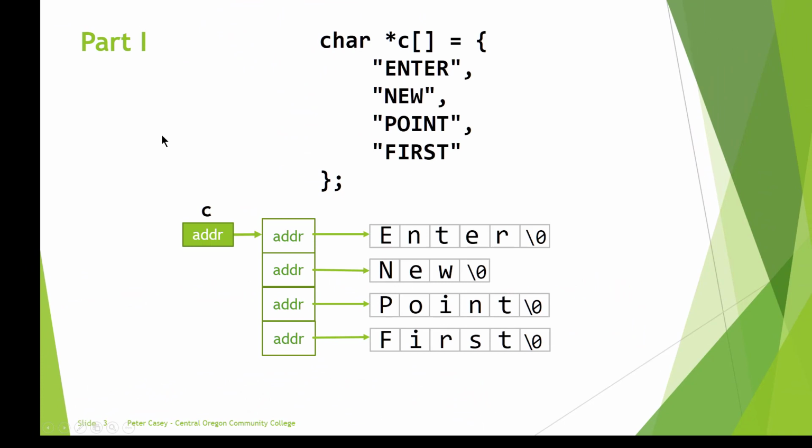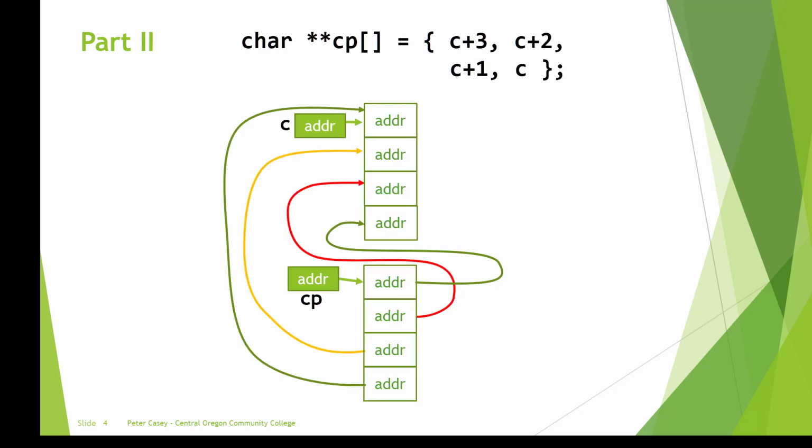So here's what that part 1 looks like. We have this variable C, which is a pointer to this array of 4 addresses. And each one of those addresses, of course, is pointing at a string in the computer's memory, and you notice the null characters on the end of each of these strings. This is C. The next one then in part 2 is essentially creating another array, and each one of those array elements is pointing to one of the array elements in variable C. And you'll notice how it did it kind of in the backwards order.